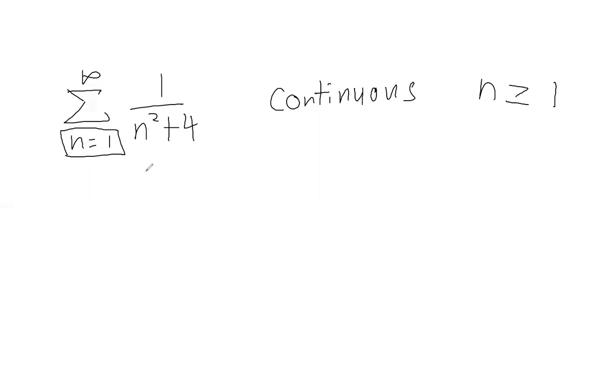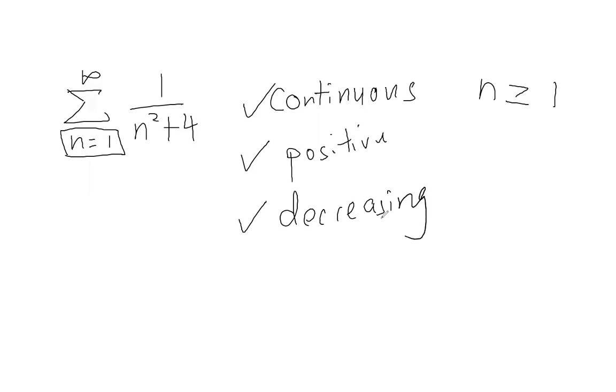Unless this were -4 plus 4, giving 1 over 0, only then is it not continuous. So right now, is this continuous? Is the number positive? Yes. Is it decreasing? Yes. When n increases, the number gets smaller. All right. We fulfill all these 3 conditions, only then can we perform the integral test.